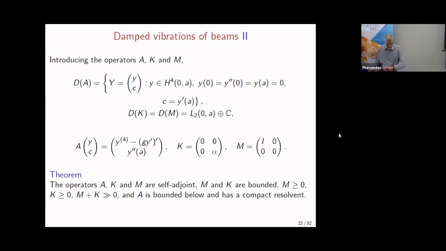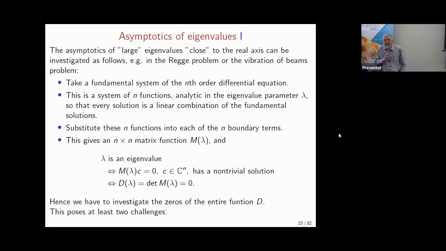And also in this case, we have a very similar setup of these operators. I just wanted to indicate, and I can't really go into details here, that we can now use asymptotics of eigenvalues, and there actually the second part comes in.